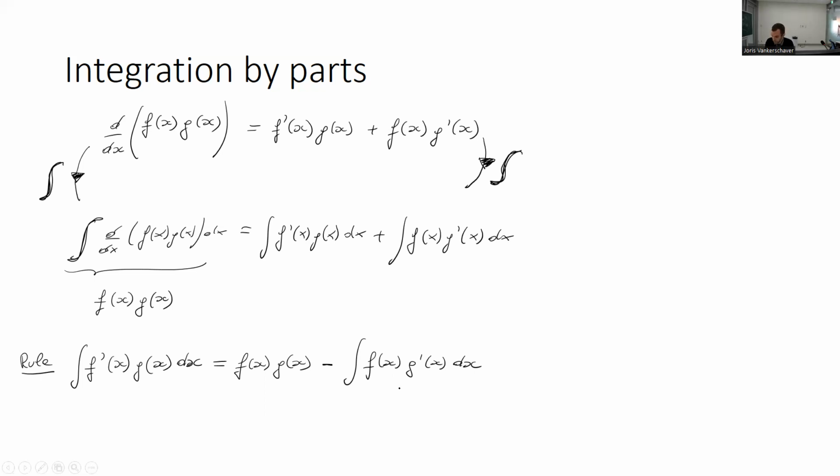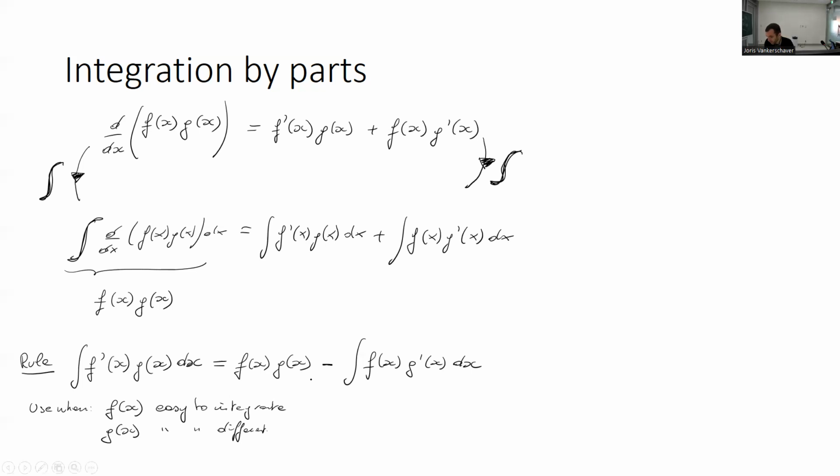So typically, you would use this when the function f by itself is easy to integrate and the function g is easy to differentiate.